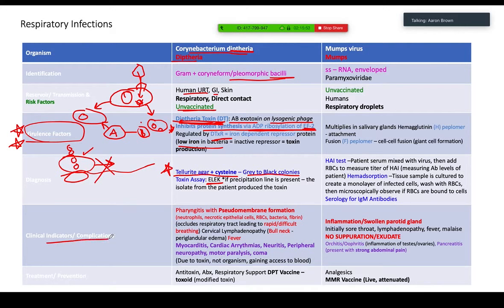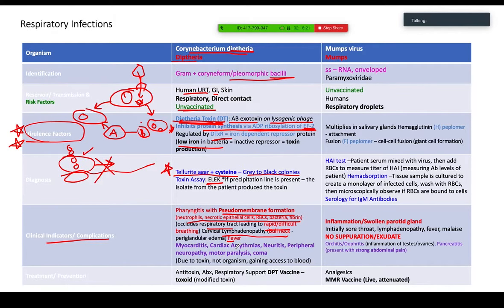Clinical indicators and complications: we can have this pseudomembrane formation in the pharynx, where we'll see neutrophils, necrotic epithelial cells, bacteria, fibrin, all this really nasty tissue accumulating in the pharynx, which can lead to occlusion of the respiratory tract, rapid difficulty breathing, cervical lymphadenopathy giving you this bull's neck appearance, this really thickened neck, and a fever.